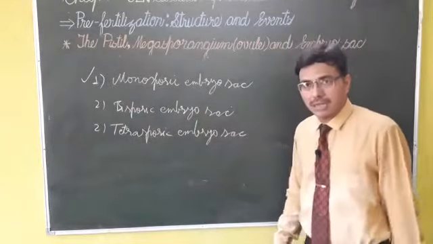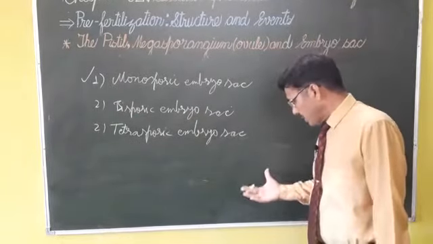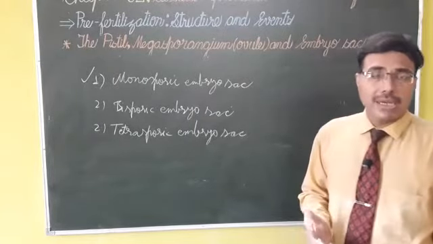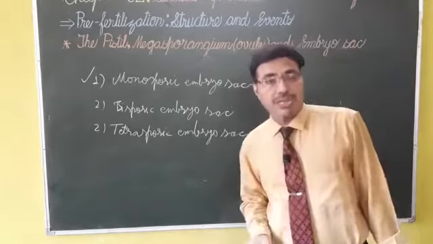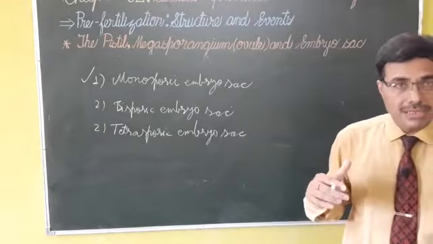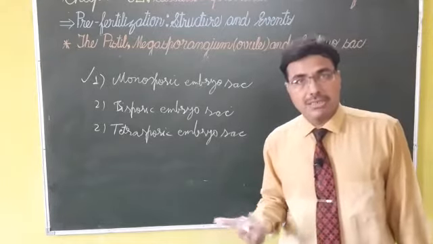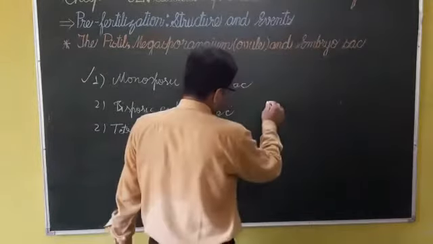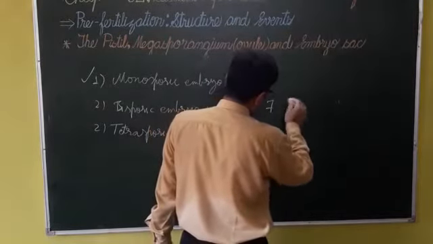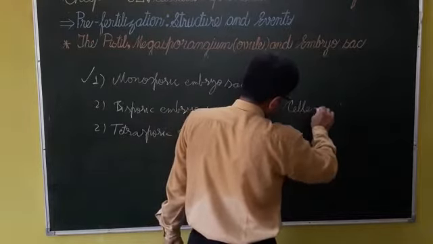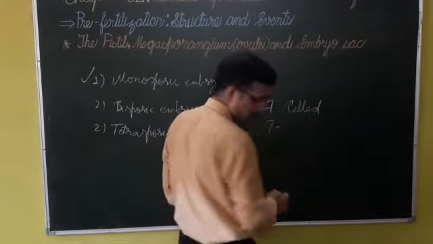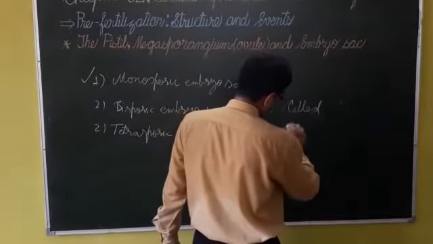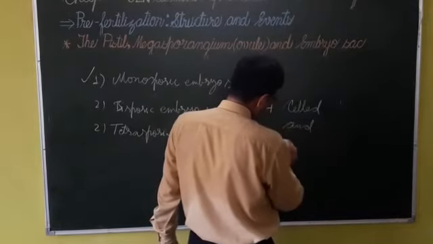Whatever development of the embryo sac we have discussed, that was the monosporic embryo sac, and a typical monosporic embryo sac is 7-celled and 7 nucleate.